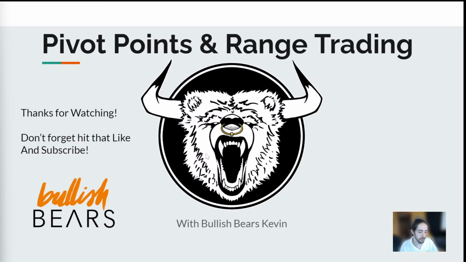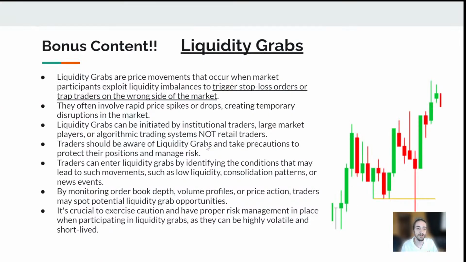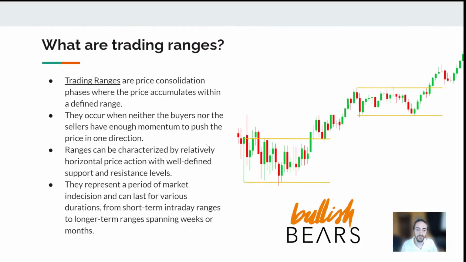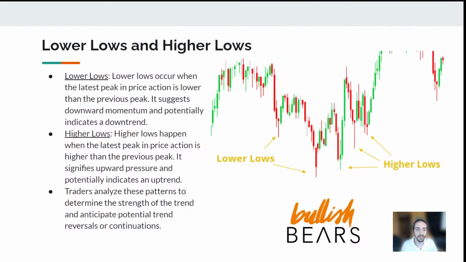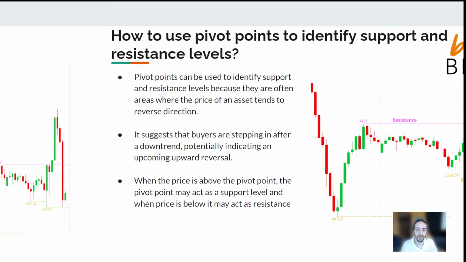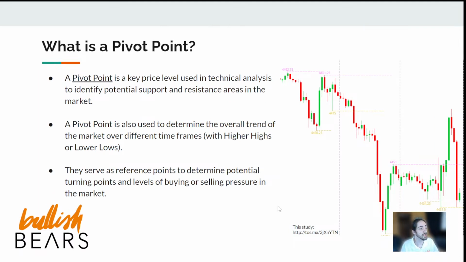I'm gonna go back to one of the slides, probably one of the first slides, to give you guys that indicator one more time. So in case you guys were curious and did want that indicator, right down here is a study. You're going to copy this, and you're going to go to your Thinkorswim and open that up.